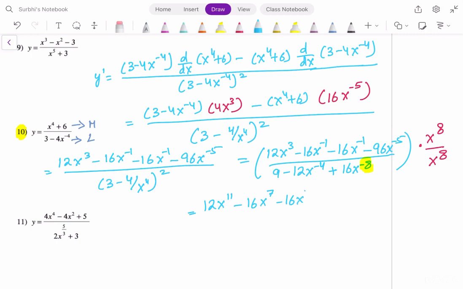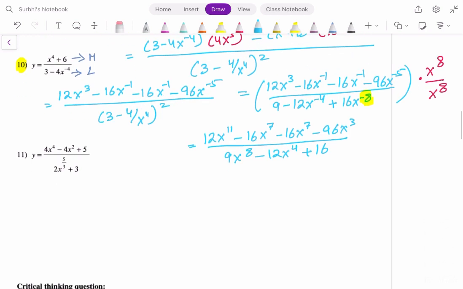So 12x to the power of 11 minus 16x to the power of 7 minus 16x to the power of 7 minus 96x to the power of 3. And then you will get a lovely number in the denominator because there are no negative exponents left.